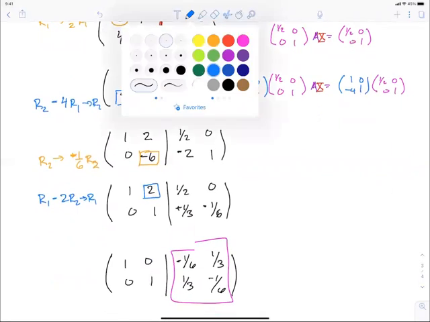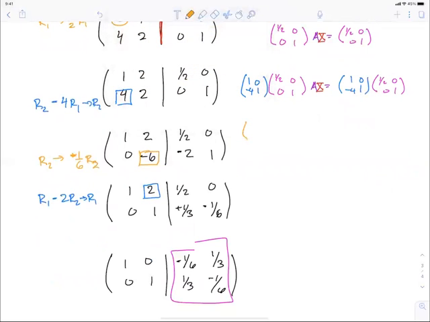And then the next one we multiplied by was scaling 1/6. So we're going to put a 1/6 in the second row.